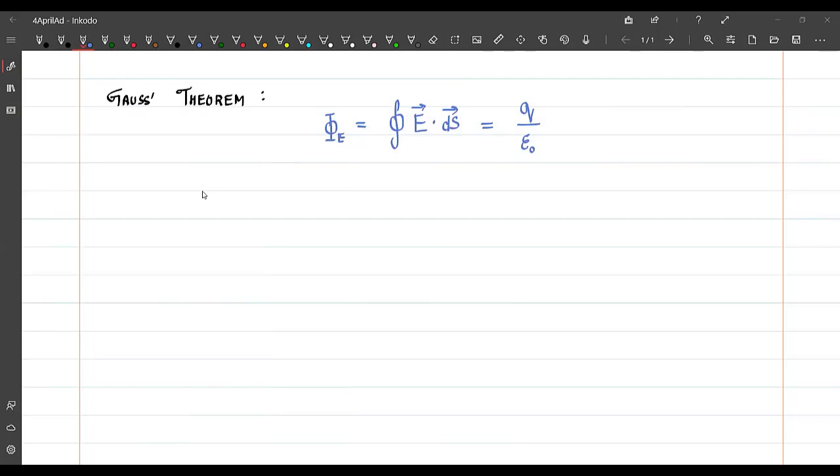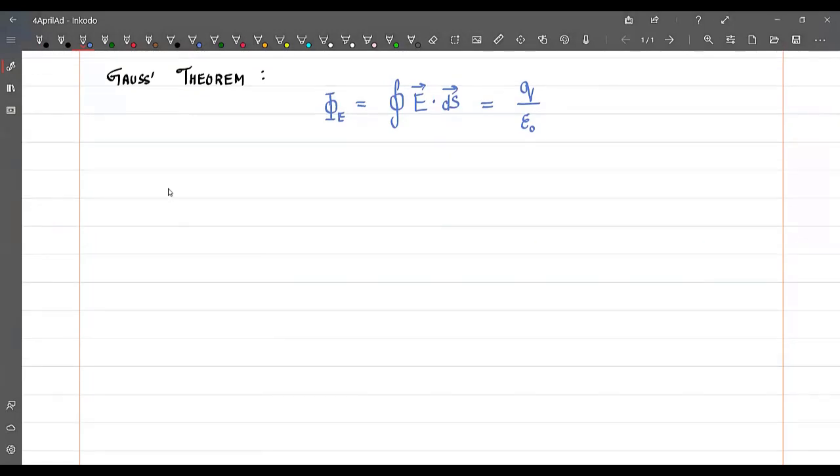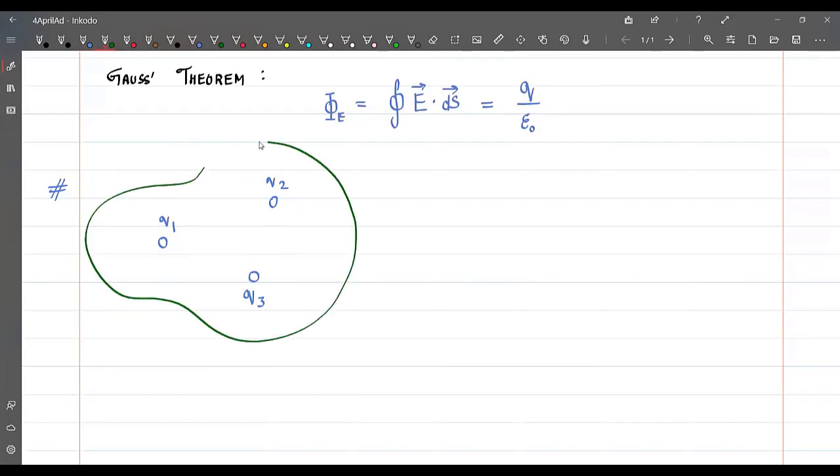Now, Gauss theorem is applicable for any closed surface. For example, if I have charges Q1, Q2, Q3 here in this region, and we have a Gaussian surface like this.